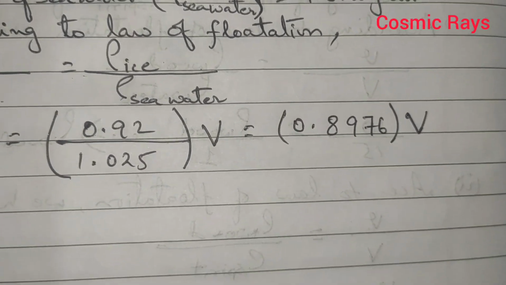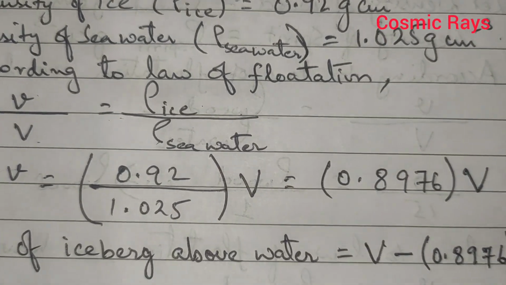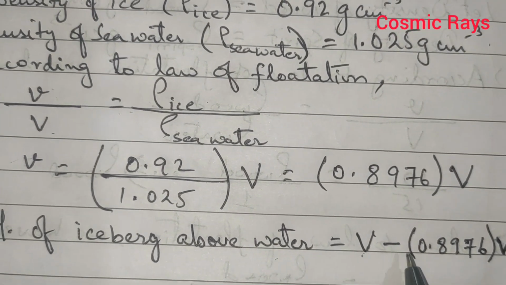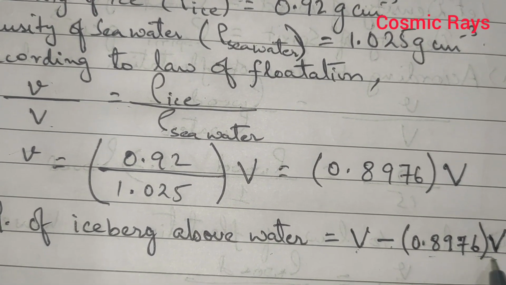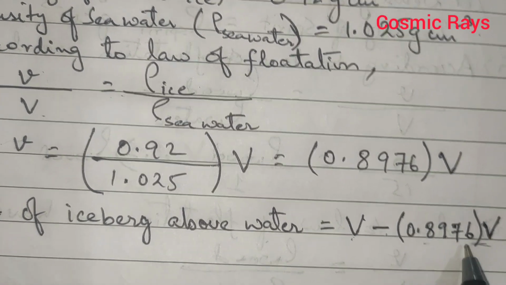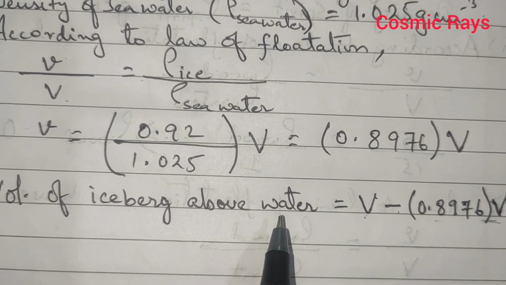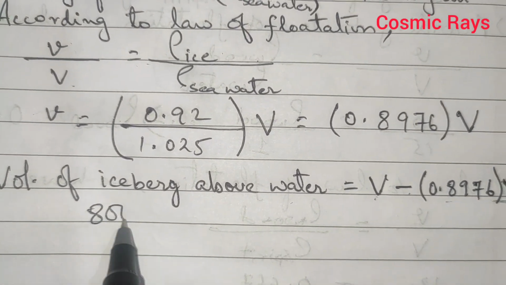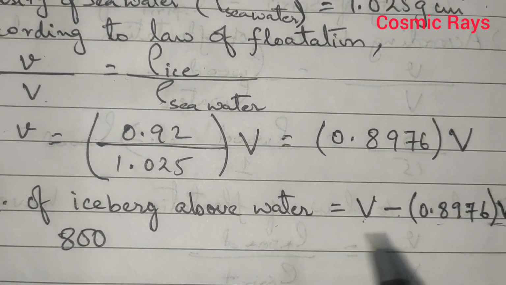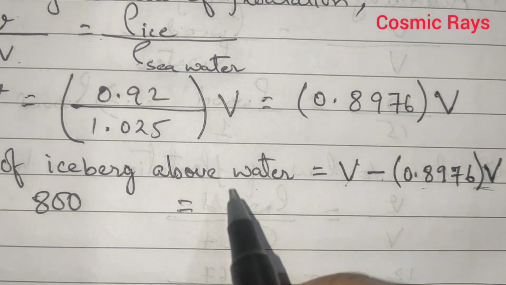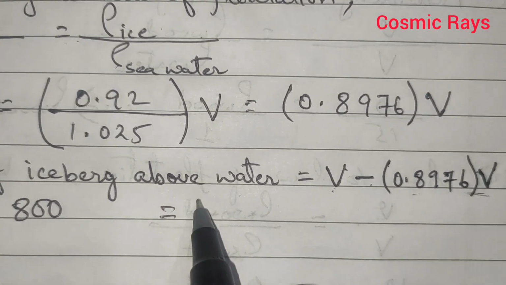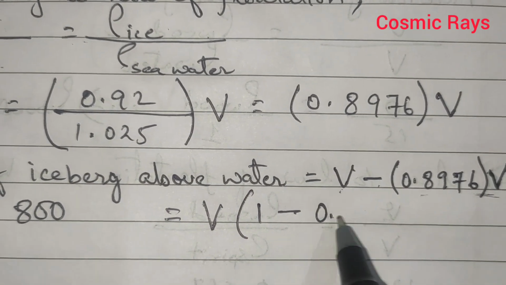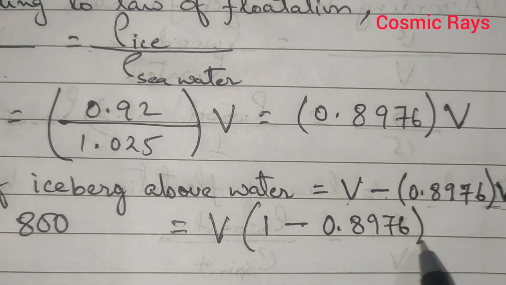So we write here, volume of the iceberg above water is total volume minus the volume which is inside water or which is submerged in water. So volume of the iceberg which is above water is given in the question, that is 800 centimeter cube, and here we can take V common, so we will be left with 1 minus 0.8976.